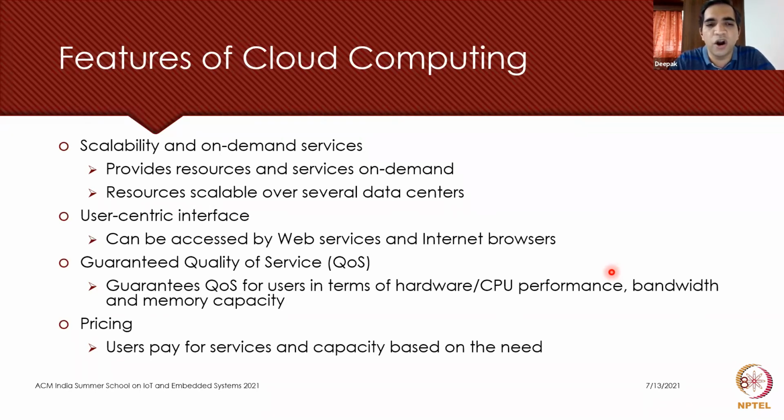Yeah, so it's an on-demand mechanism, and of course, scalability means that based on your requirement at a particular point in time, and the kind of agreement that you have with the cloud provider, your resources could be scaled.